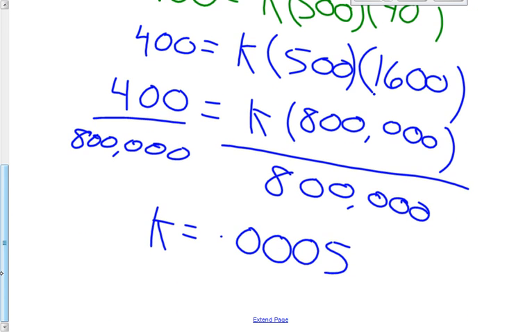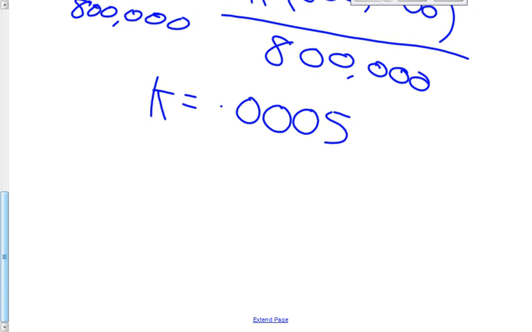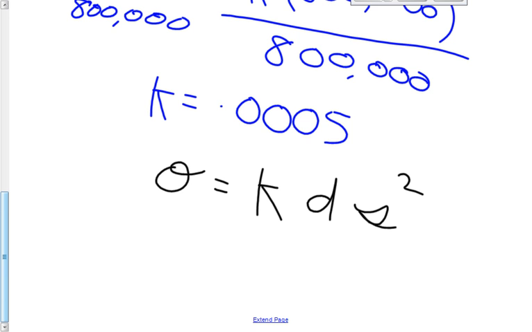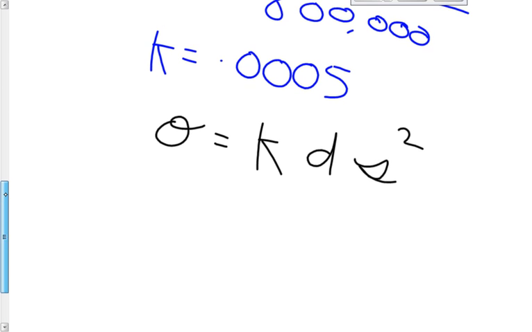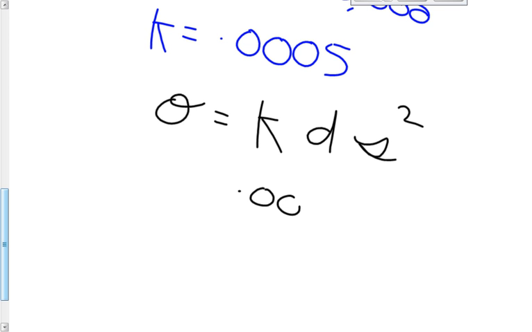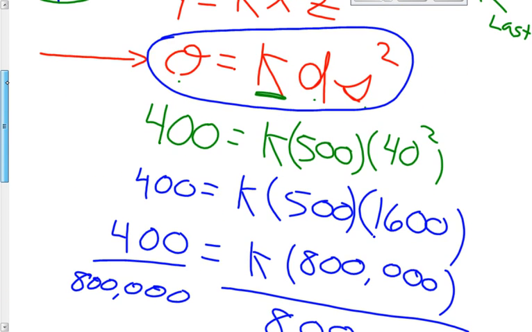The amount of oil used by a ship is jointly related to the distance times the speed squared. And what did we find out K was? 0.0005. Okay, now let's go up here.